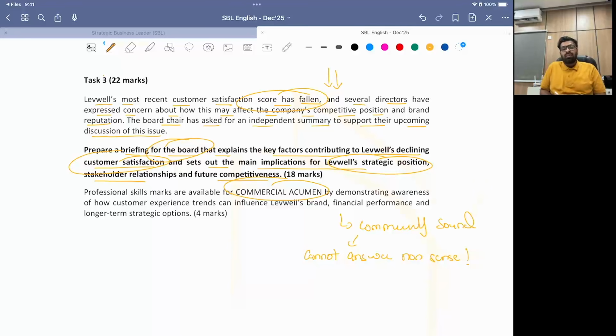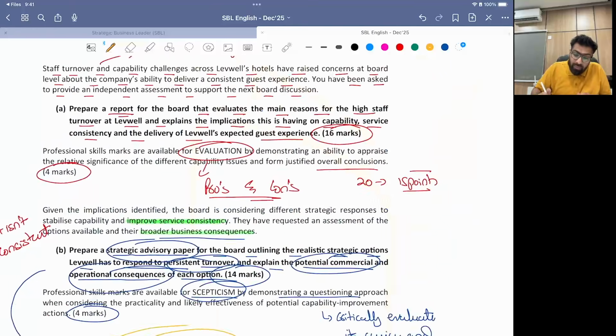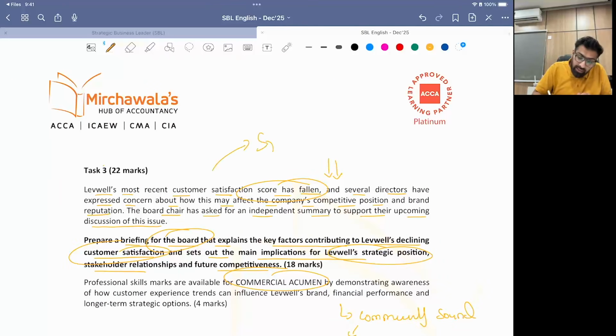So you cannot say that our hotel management system is bad or this kind of thing. No, you need to be very specific to that level and to the exhibit that I've given, right? I'm writing here that this is a general requirement, but also that this is specific to the scenario. Here a general answer would kill your marks.